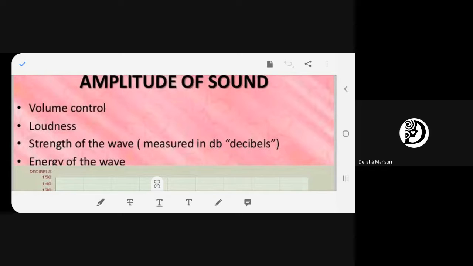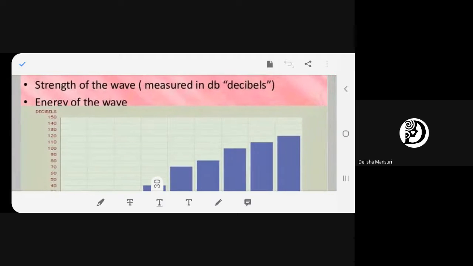That is conveyed by the amplitude of the sound. So amplitude of sound tells you about all these four factors. And remember, sound is always measured in decibels, dB. Is it clear?